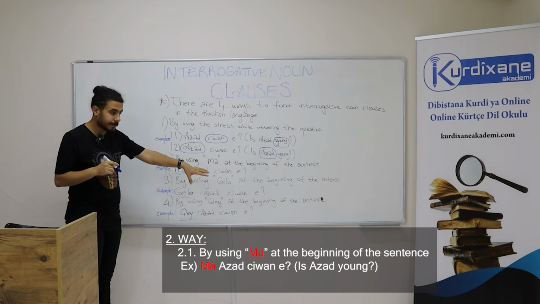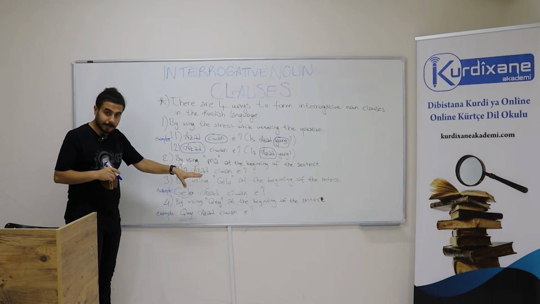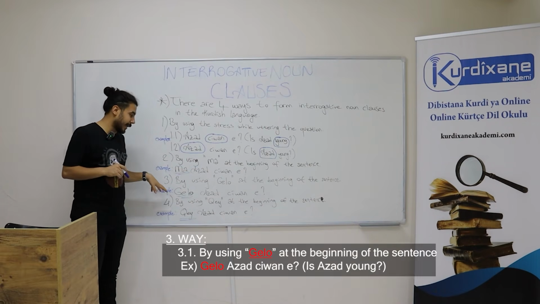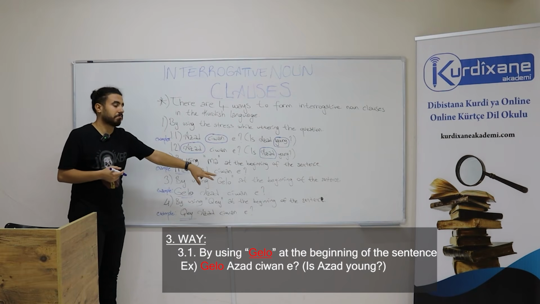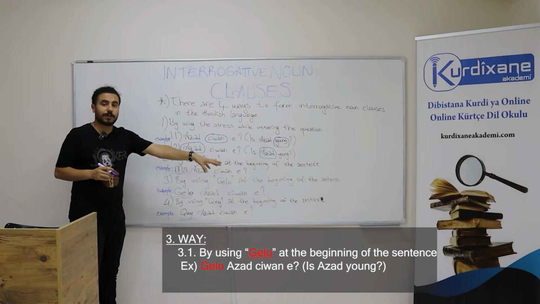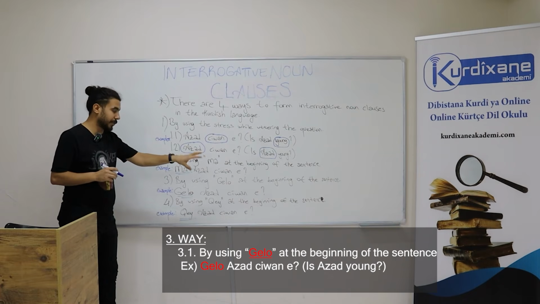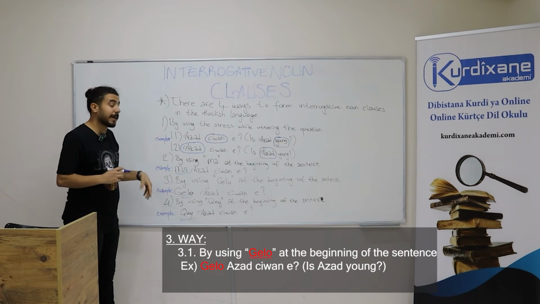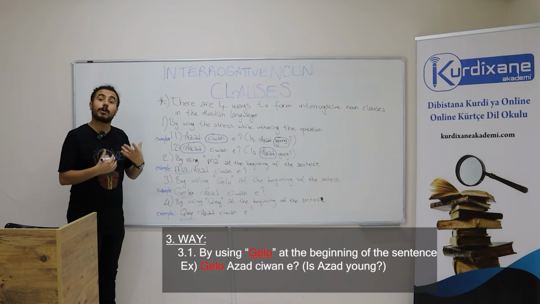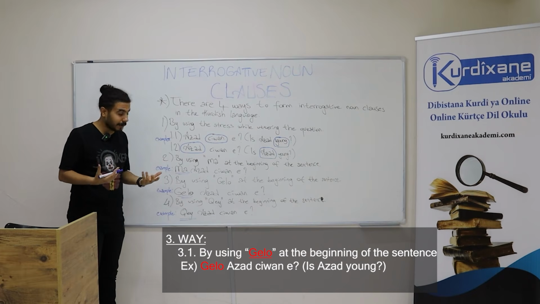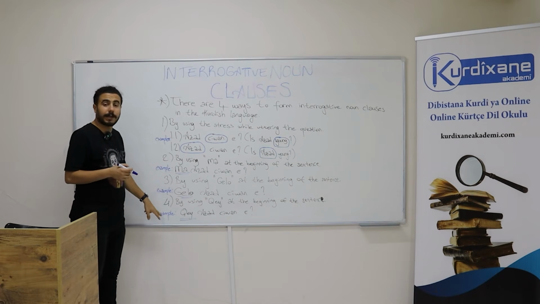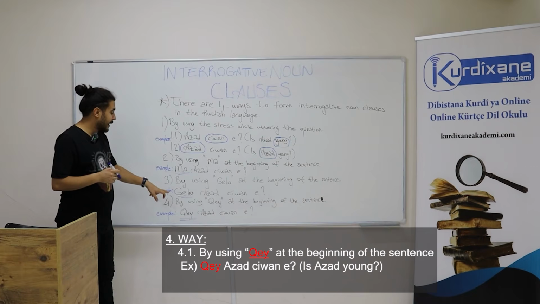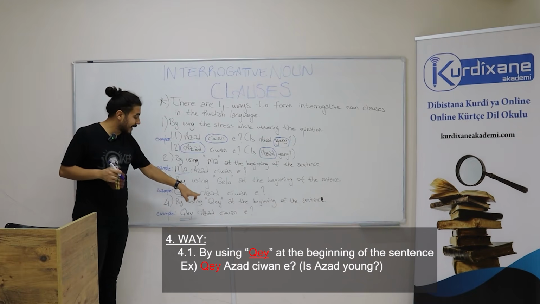Is Azad young? The third way is gelo. Just like ma, you put it at the beginning of the sentence. Gelo Azad juane? Is Azad young?